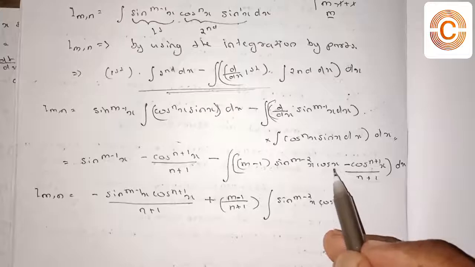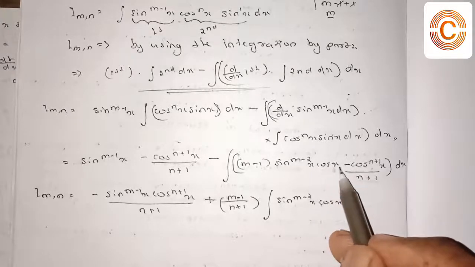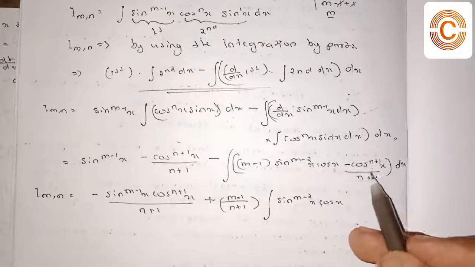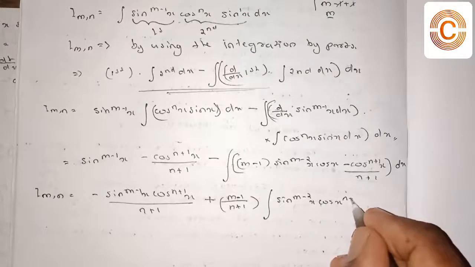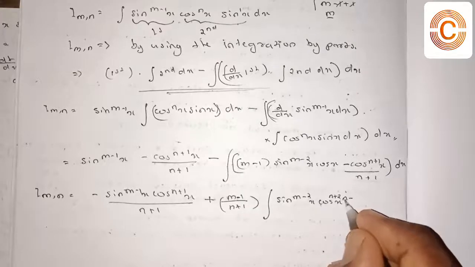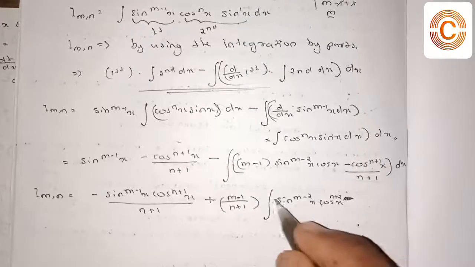So note here that we can add these things, that is cos x into cos raised to n plus 1 x, which means cos raised to n plus 2 x here. Then apply the dx.